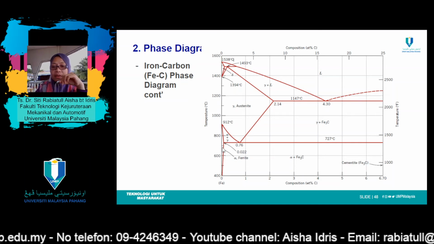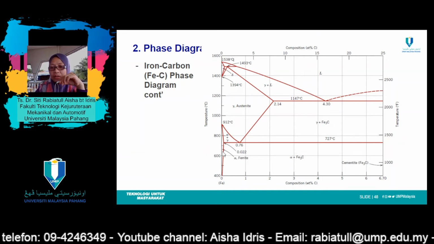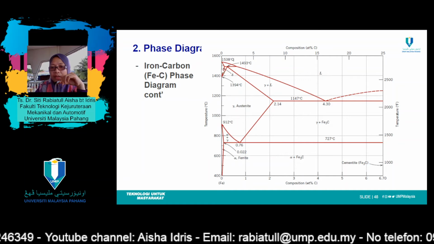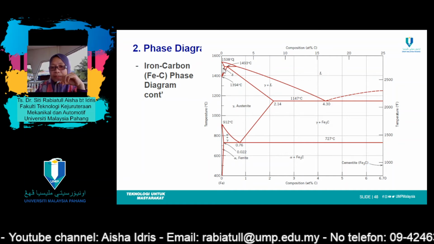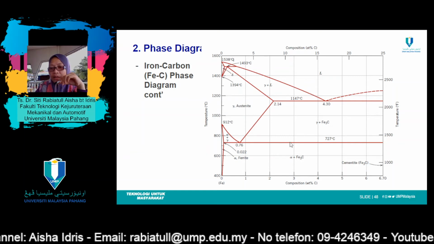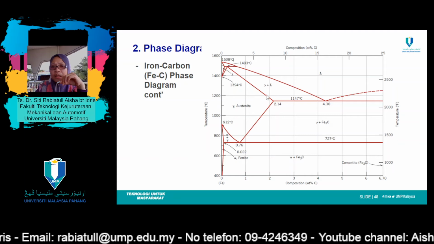This is the ferrite, the location of ferrite or alpha. Okay, this is the liquid phase, and this is the delta phase over there. This is austenite or gamma, and this one is gamma plus liquid.